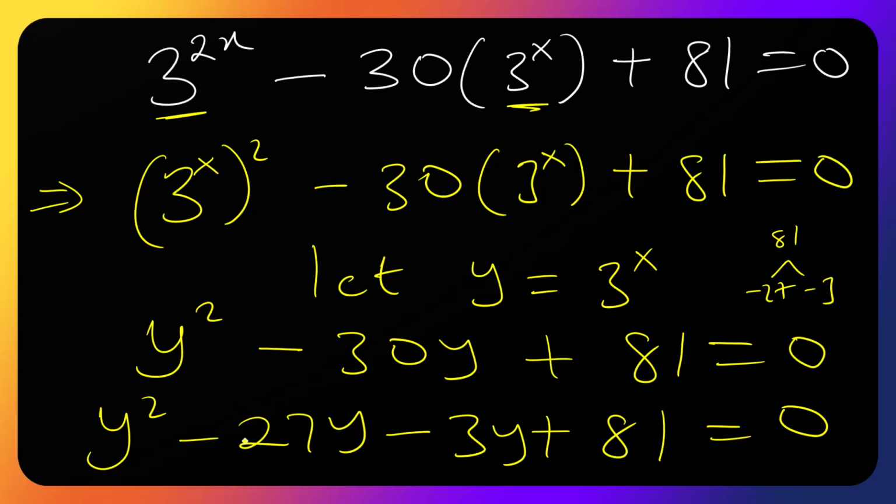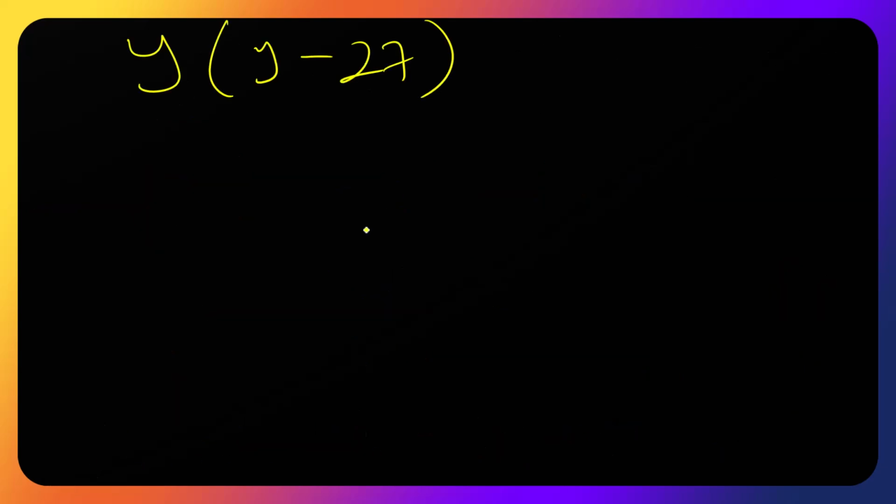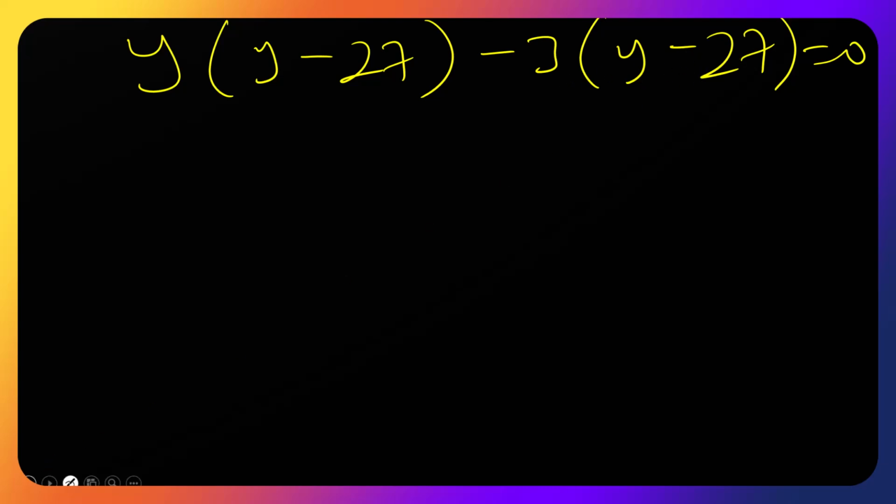If I take y out, this side will be y, y minus 27. And don't forget the next bracket. If I take minus 3 out, that will be y minus 27, because this time that will be minus 3y, and this time that will be plus 81. As simple as that. So we have this equals that.